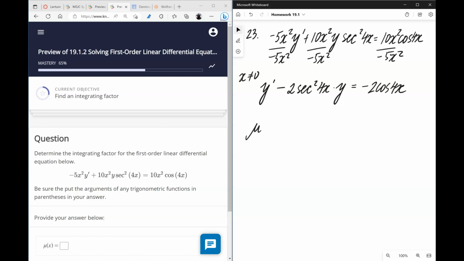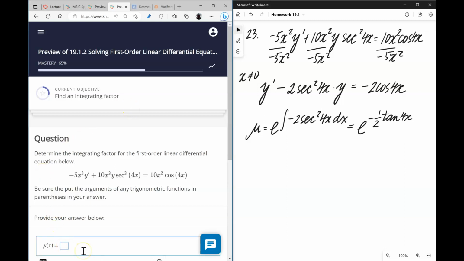So the integrating factor will be e to the power integral negative 2 secant squared 4x dx, which is e to the power negative 1/2 tangent 4x, and we can omit the plus c. So here's the answer, e to the power negative 1/2 tangent 4x.